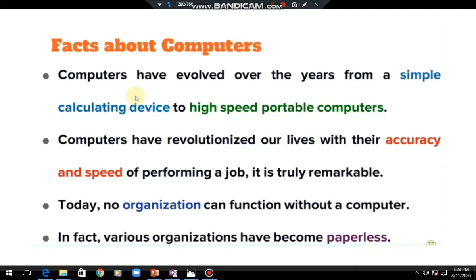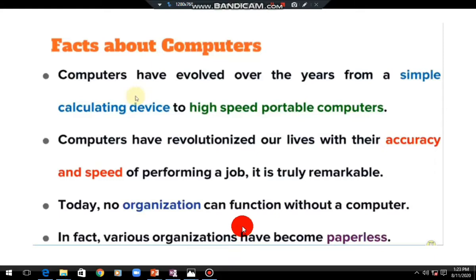Instead of writing on paper, we can use storage devices like pen drives and CDs to store the content, reducing the need for paper. So computers can give a paperless environment, a new environment known as the digital world. We are moving to the digital world, and that is possible with the help of computers.